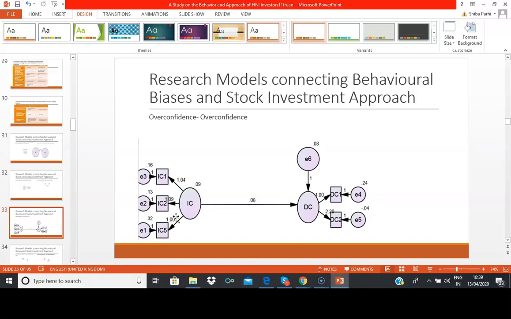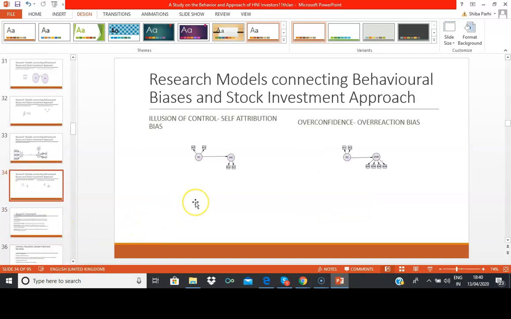So those overconfidence in his personal life, how it is influencing his professional investment behavior in terms of over analysis and overreaction. So DC is the dependent, IC is the independent overconfidence variables. So I stands for the independent and D stands for the dependent.